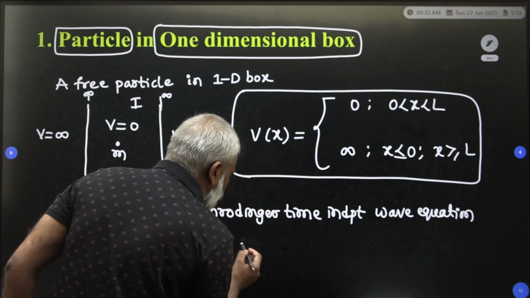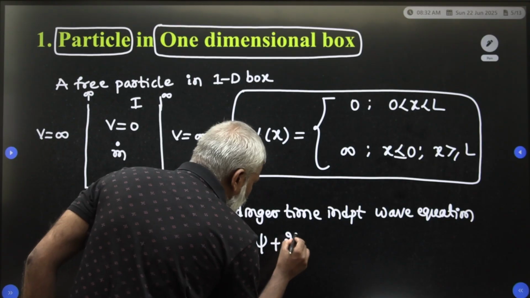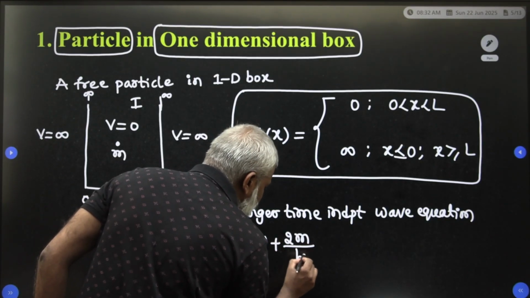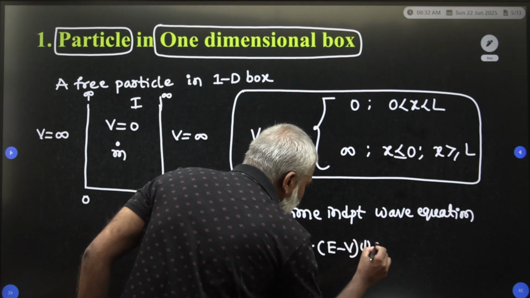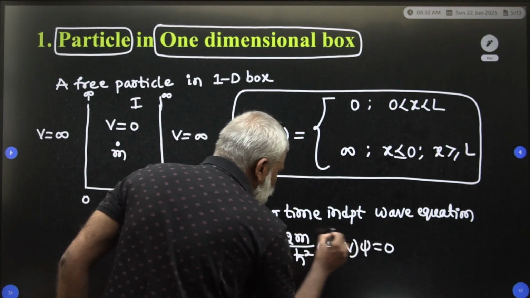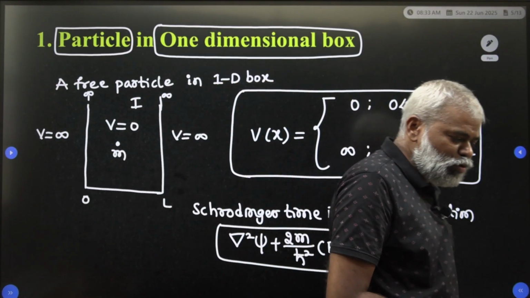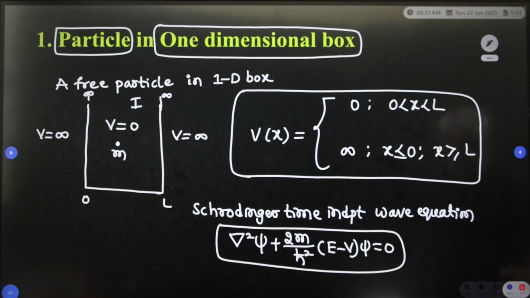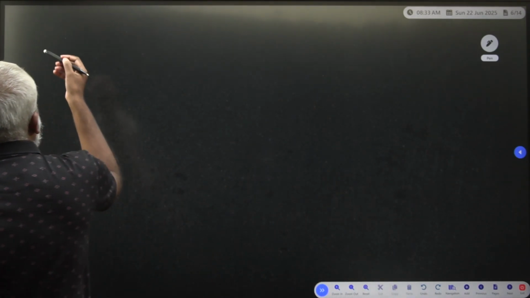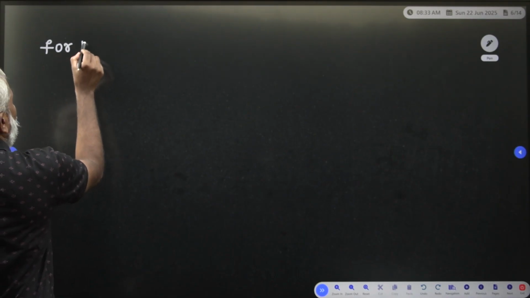According to your previous knowledge, it is del square psi plus 2m divided by h cut square into E minus V into psi is equal to 0. This is the Schrodinger time independent wave equation. Now we have to apply it; for a free particle, you have to see how we are going to apply it for a one dimensional box.